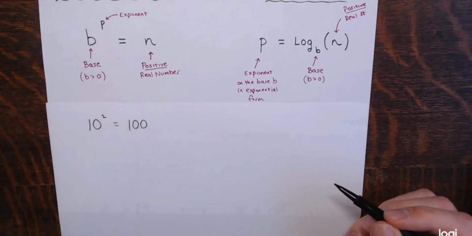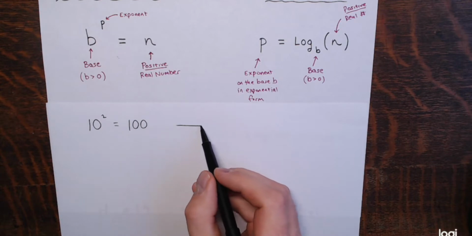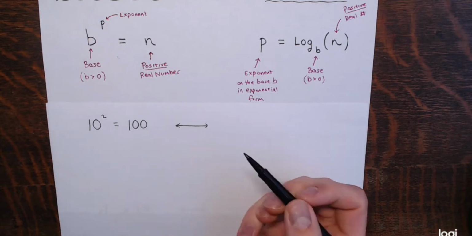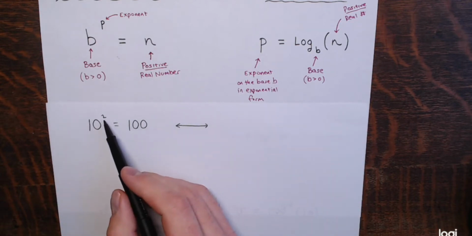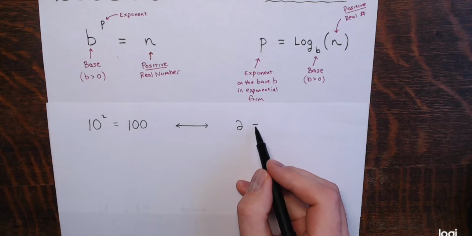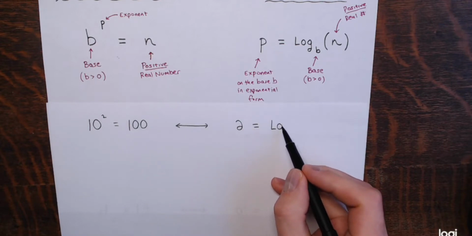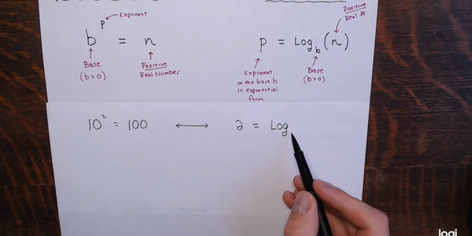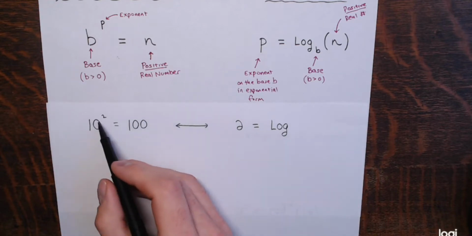And we're saying change this to the equivalent logarithmic statement. Well, there's only one exponent over here that I can really focus on. So 2 is a logarithm. And the base on that logarithm is going to be the base on the 2 from the exponential form. That was base 10.